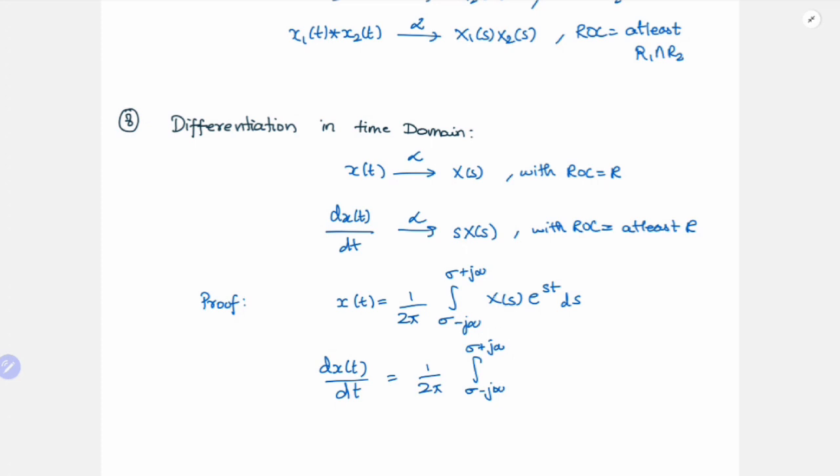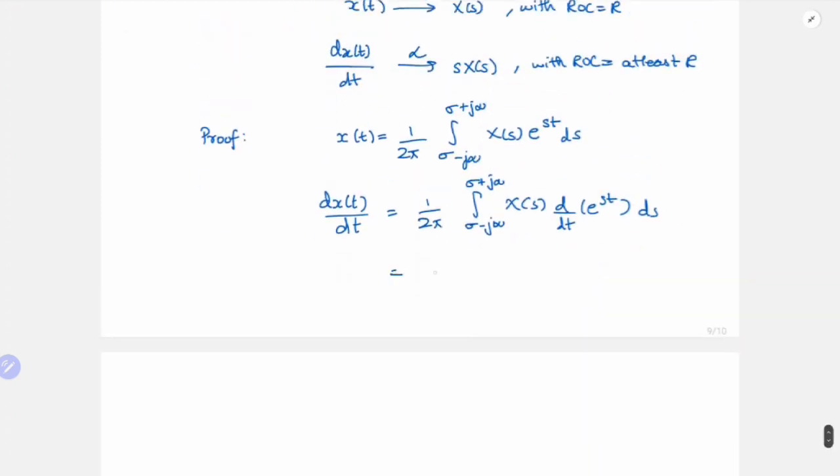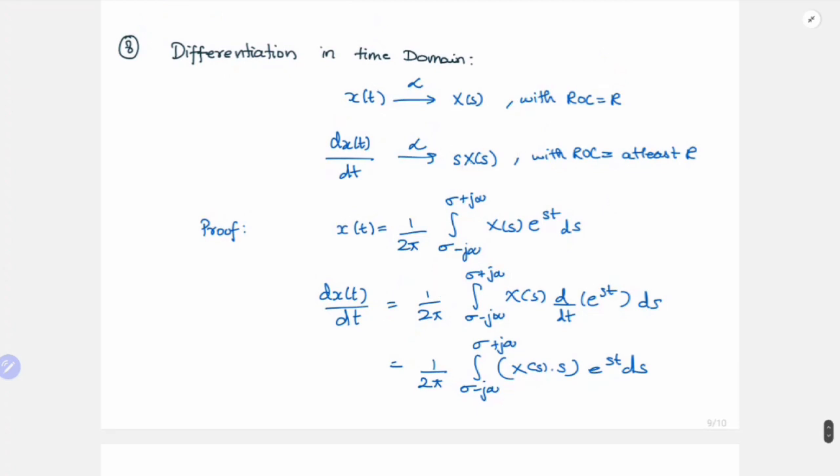X(s) is not affected by d/dt, only this term will be affected. So d/dt of e^(st) gives me s e^(st). So this is nothing but the integral from sigma minus j infinity to sigma plus j infinity of X(s) s e^(st) ds. So this is what we already got.